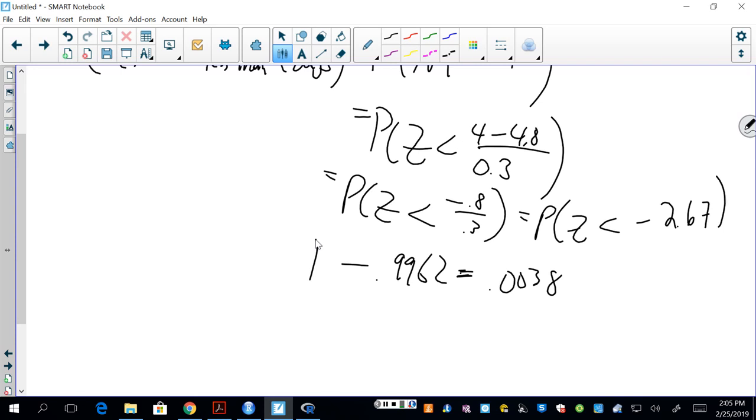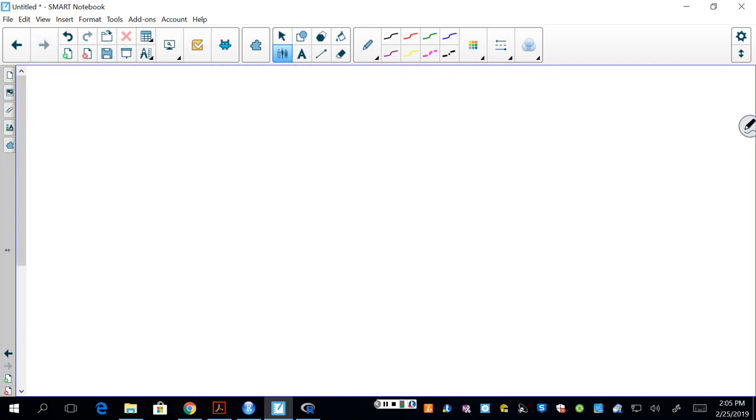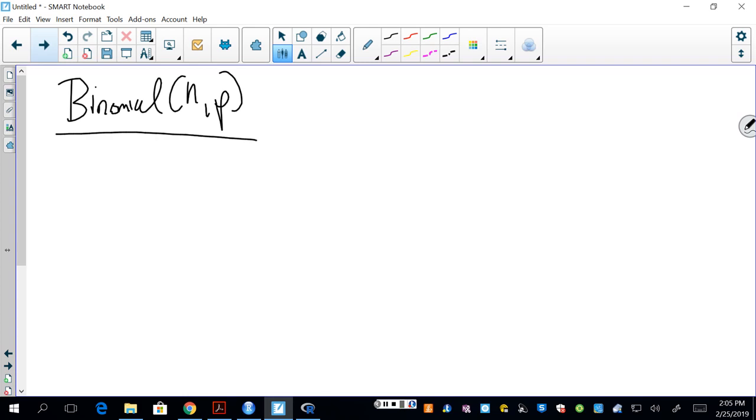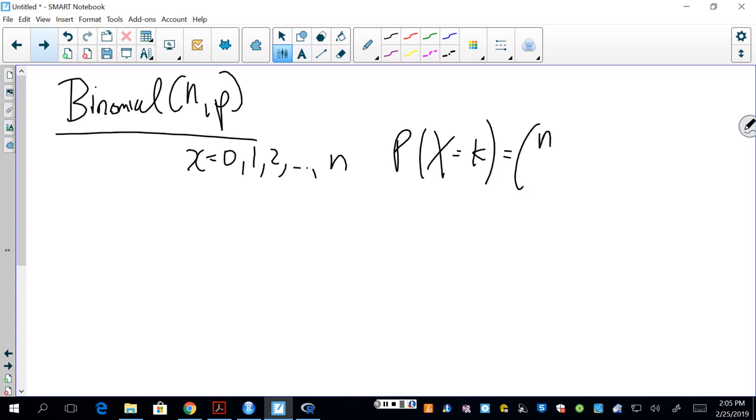Another place that this gets used is in the binomial distribution. The binomial is discrete. It takes on values 0, 1, 2, up to n, the number of successes out of a certain number of trials. And the probability is given by a probability formula.